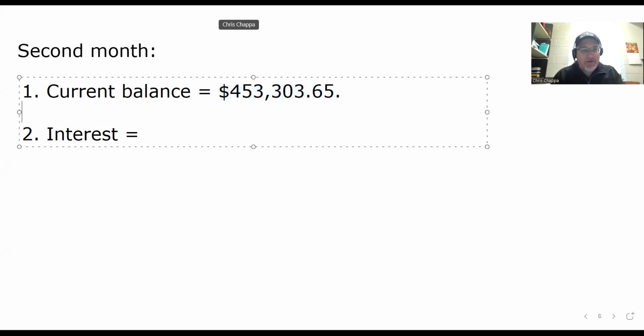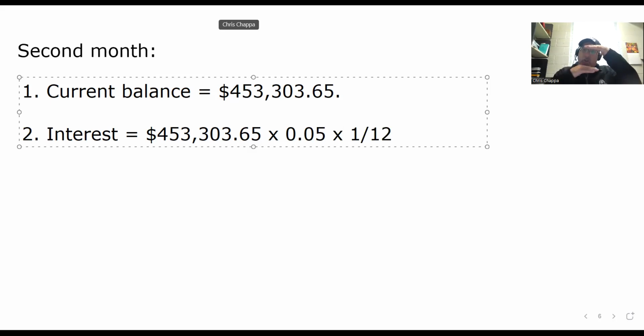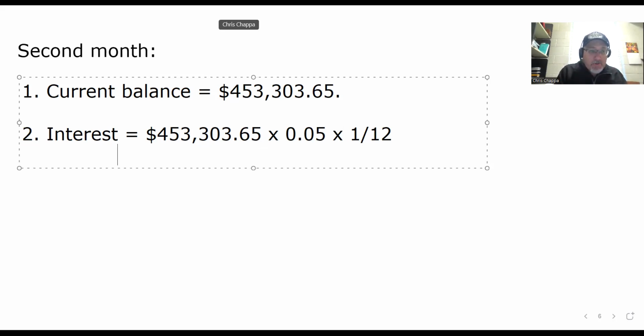Not by a whole lot, but it's less. Our interest rate is still 5%, so 0.05, and it's still times 1/12 because we're looking at a 1-month period, and 1 month is 1/12 of a year. But because the principal was a little bit lower, that means that my interest is going to be a little bit lower.